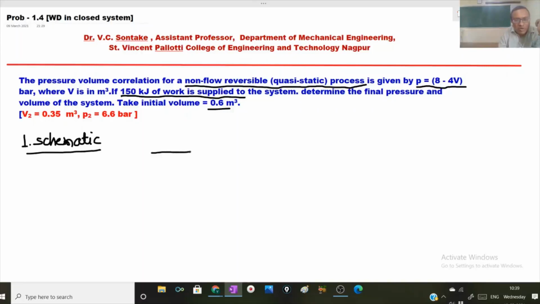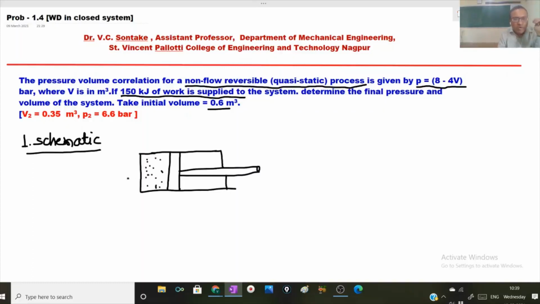So I can draw the closed system, and the classical example of a closed system is a piston-cylinder arrangement. It is containing some, let's say not gas actually, fluid. That can be water as well. Okay, so let's say this is figure 1, closed system.